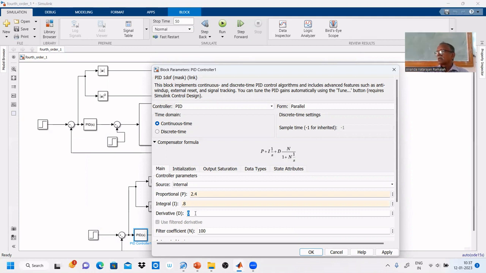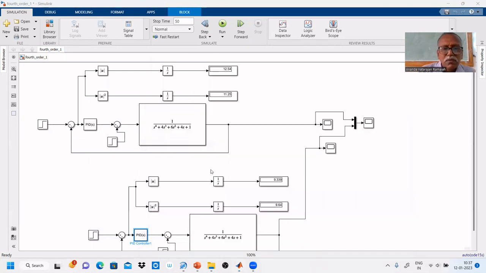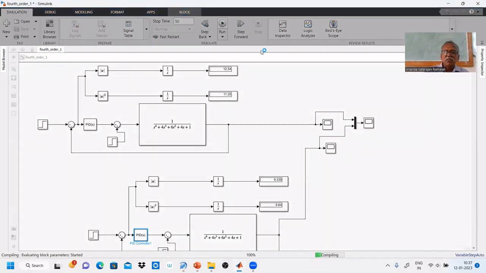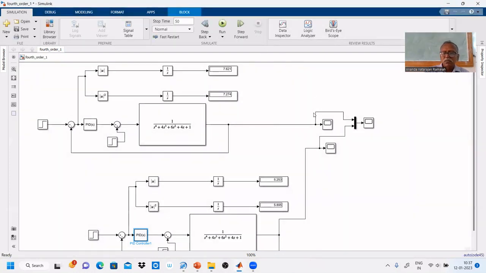Derivative time 2.4 multiplied by 1.88. Okay. Now we entered. Already we did the servo response. Again, let us do the servo response. So we entered the tuning parameters. Let us do the servo response.